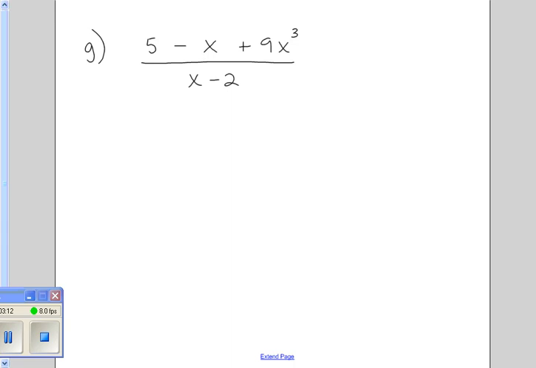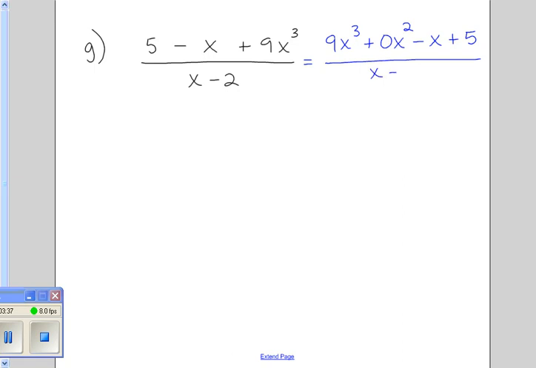Okay, if we look at G, this polynomial on the top is not in the correct order. So if I want to rearrange this, the highest exponent should come first. So that's 9x cubed. Because I have an x cubed, I'm going to have to put a 0x squared because there are no x squared terms. Then the negative x, and then the positive 5.